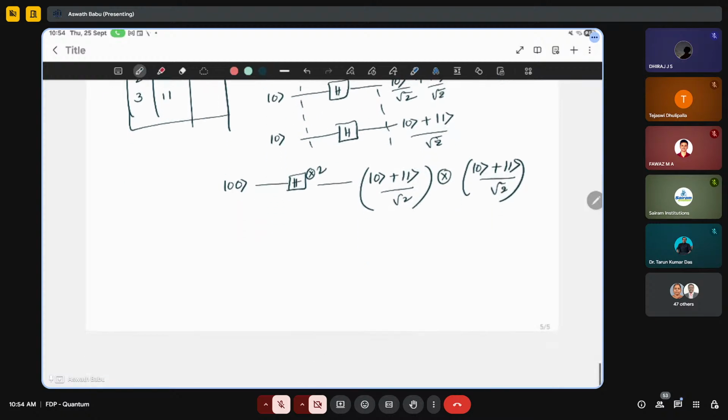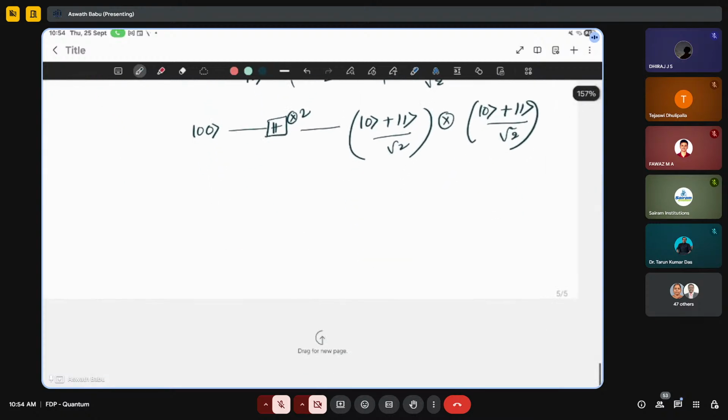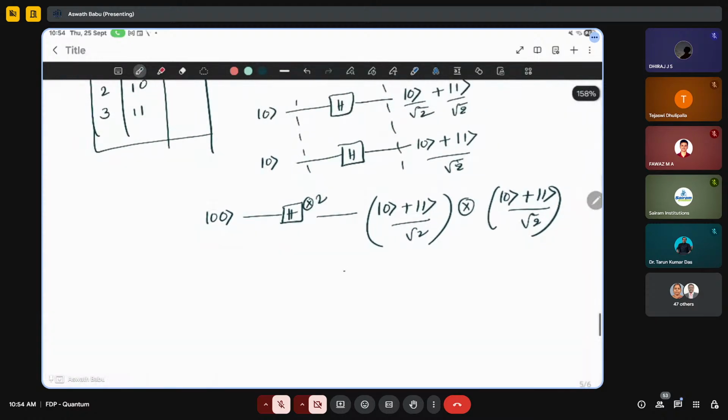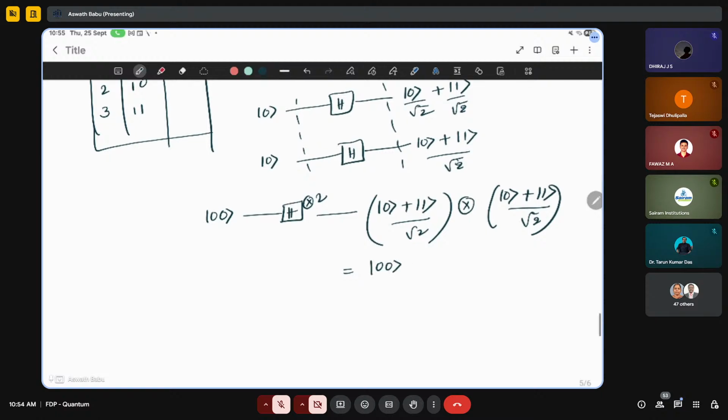Let me write this down explicitly. This is 0 0 ket plus 0 1 ket plus 1 0 ket plus 1 1 ket, divided by 2. See, there are two square root of 2 factors multiplied, and I'll get 2.